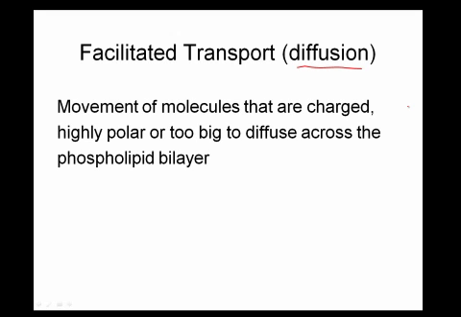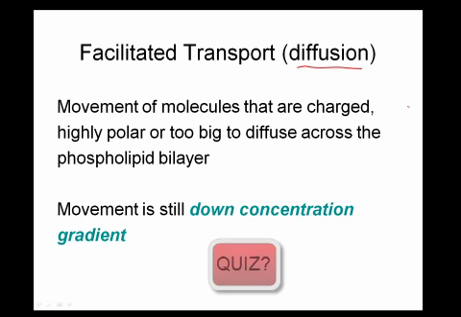And so we have to have another method of getting these molecules across the membrane. This is still movement down a concentration gradient, which is why I like to call this facilitated diffusion. We're still going down a concentration gradient. It's facilitated, however, because we're going to have to use some of those protein carriers that we identified earlier in this lesson.